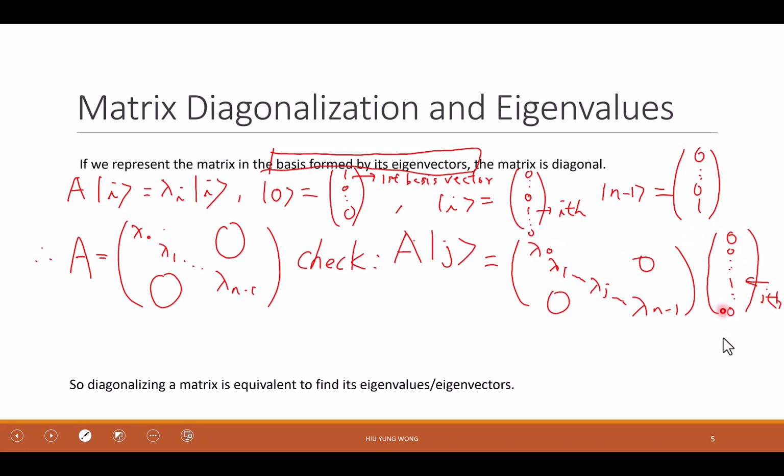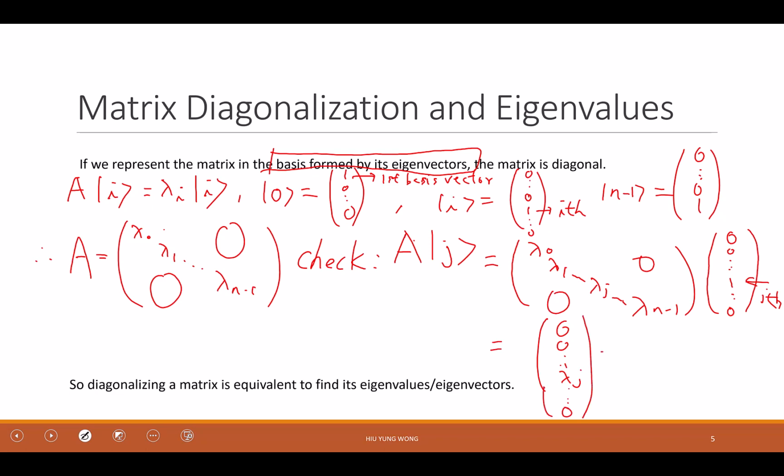Now you do the multiplication. This row multiplied by this vector: everywhere is 0, except lambda 0 times 0 here, and so on. So you get 0, still 0, until the jth row, where you have lambda j times 1, and then 0 times 0. So here you get lambda j, and the rest are still 0.